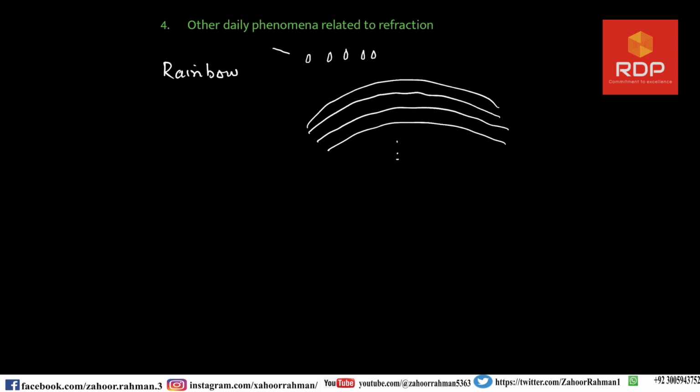When white light comes, it is spread and dispersed into these 7 colors, which are called the colors of the rainbow. Not only reflection, refraction phenomena are taking place, total internal reflection, which is our next topic, along with the dispersion of white light into several colors. So this phenomenon is taking place.